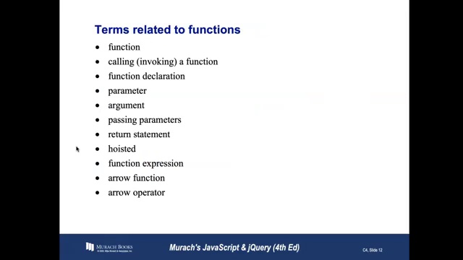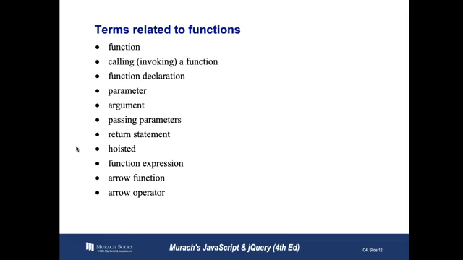Okay, so the terms related to our functions. The function, again, is a block of code that executes. Calling can also be called invoking a function. The function declaration is how we declare it. We could use it with the keyword, we could use it with the arrow syntax. Parameters are values that get sent to the function. Arguments are the values of those parameters that get sent.